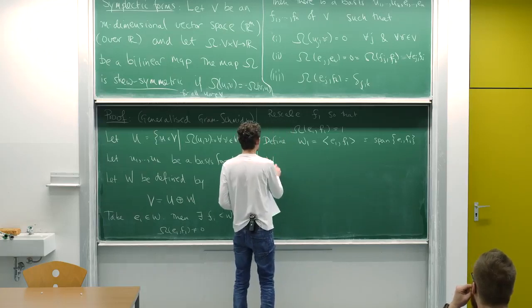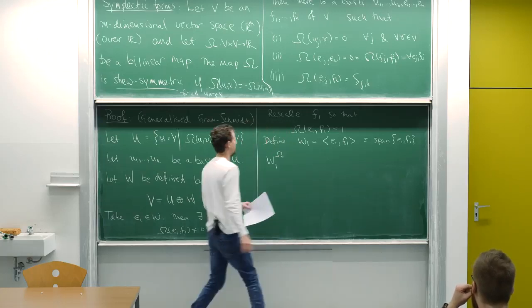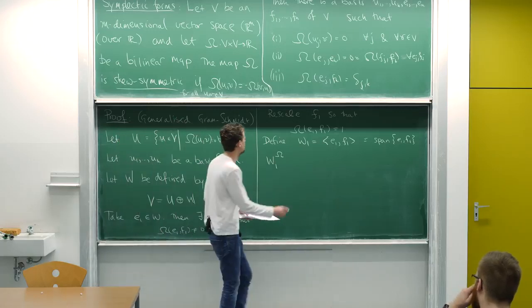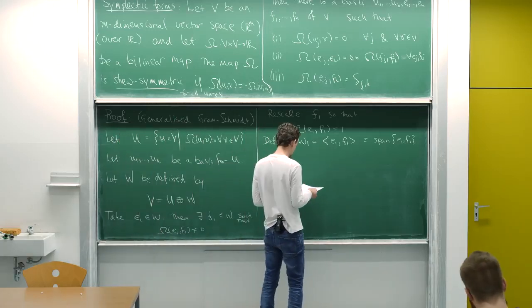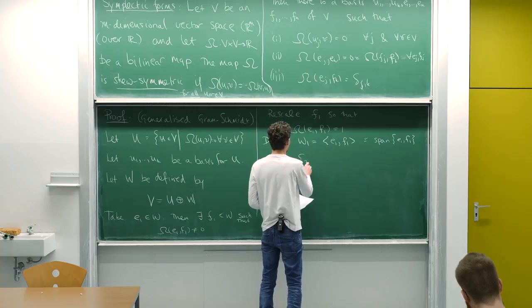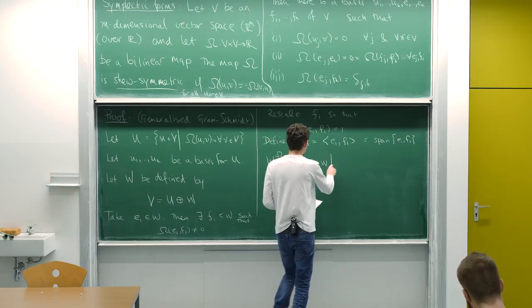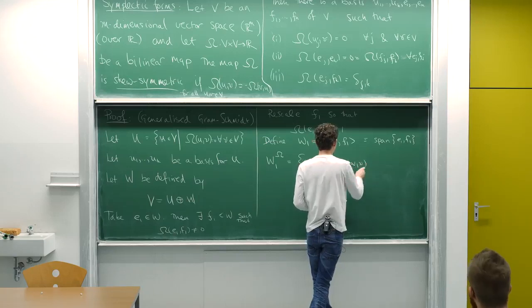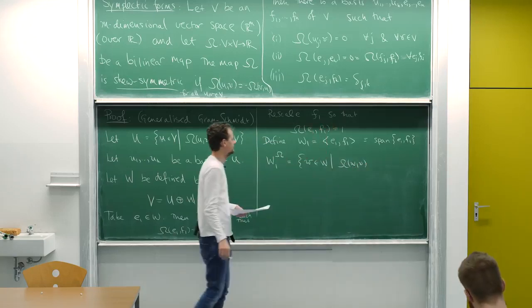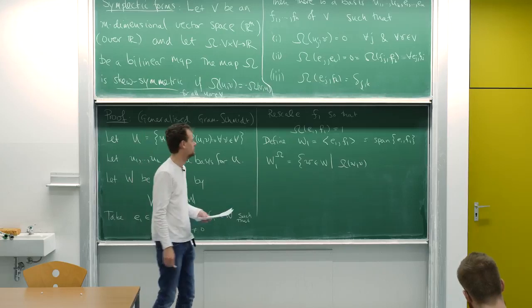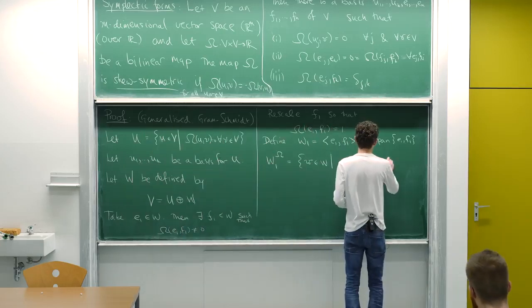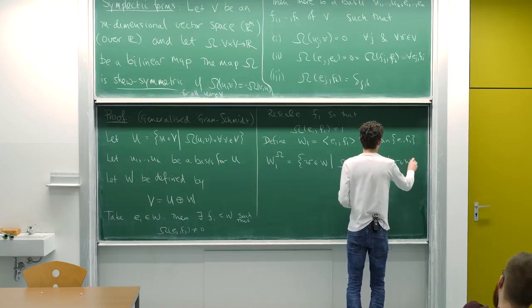Now we're going to build another vector space, W1 omega. What is it going to be? Well, it's going to be everything that's orthogonal via omega to this space here. So it's the set of all w's such that when you evaluate the skew symmetric map on w and v, you get 0 for all v in W1.